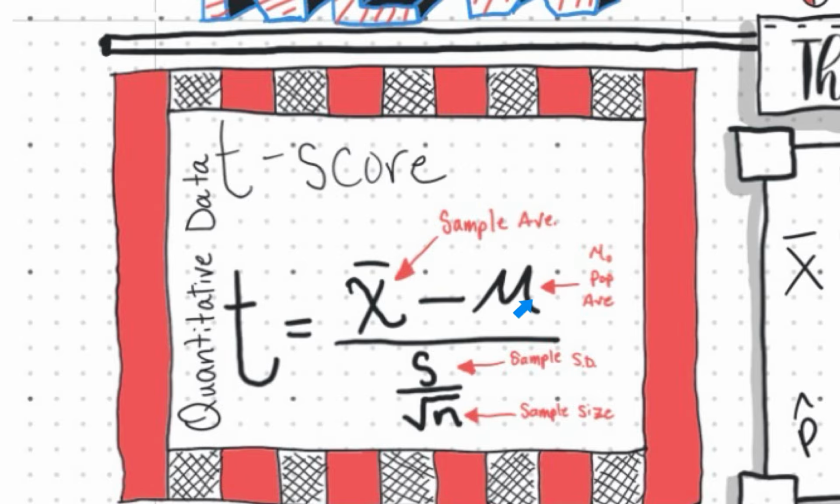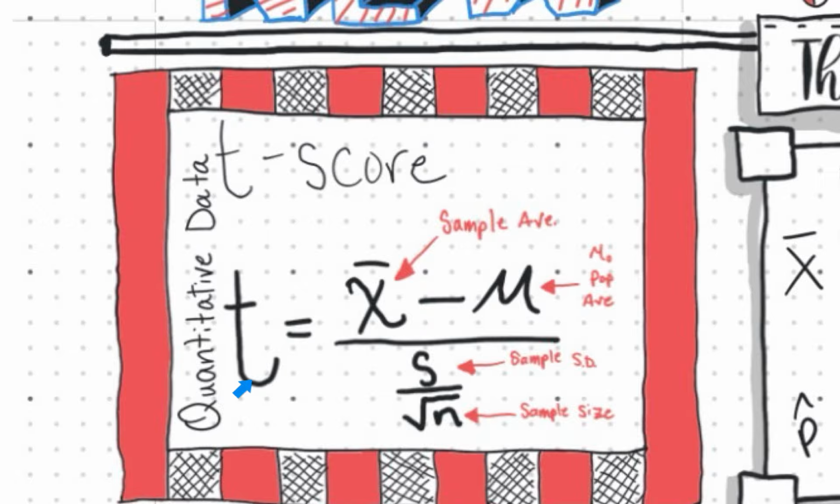Just like mu is the mean of the population, sigma is the standard deviation of the population. So these two things represent the same idea, the average. S and sigma is not written, but they mean the same thing as well. And of course, n is just your sample size.